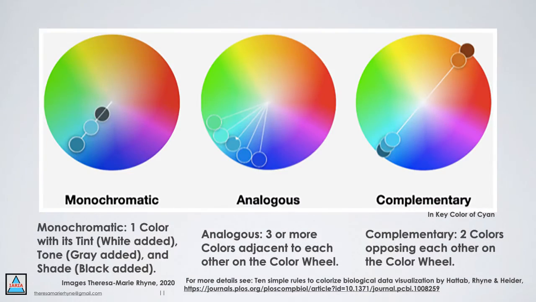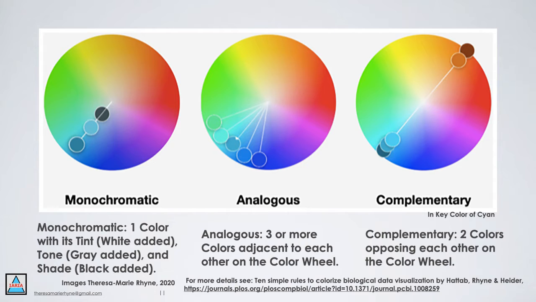So now we've got these three common ways of looking at color harmony. One of them is monochromatic. That's if you take one color, you add a little bit of white, that's a tint, you add a little bit of gray, that's a tone, or you add a little bit of black. You mix your colors with one color orientation, and the differences have to do with the white, the gray, and the black.